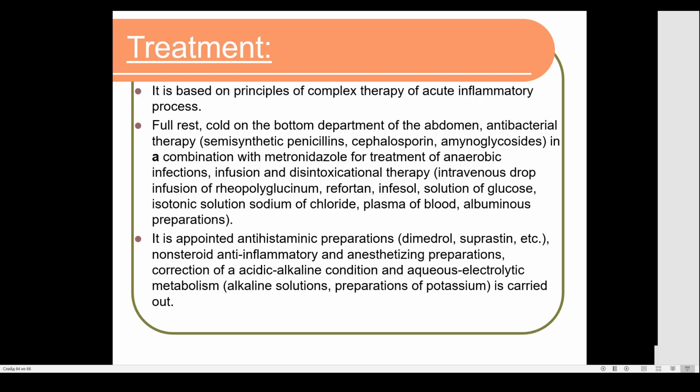crystalloids or colloids. If necessary, we use transfusion of fresh frozen plasma or albuminous preparation. Of course, it's individually. We choose and decide question about infusion or transfusion therapy depending on the severity of pathology. But main, of course, it's surgical treatment.